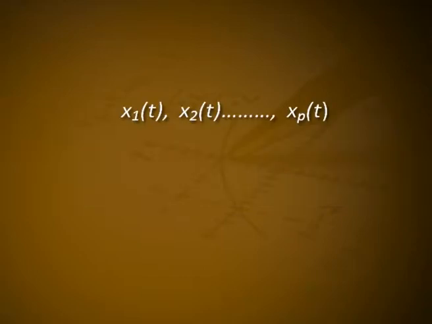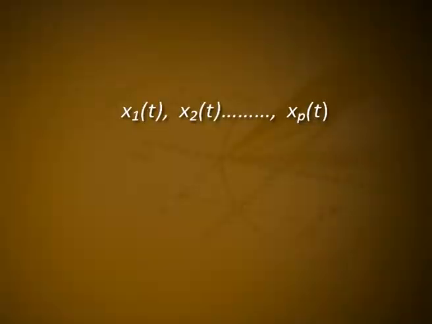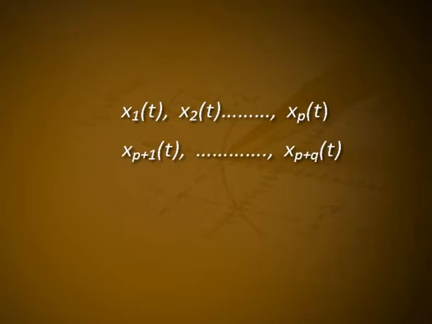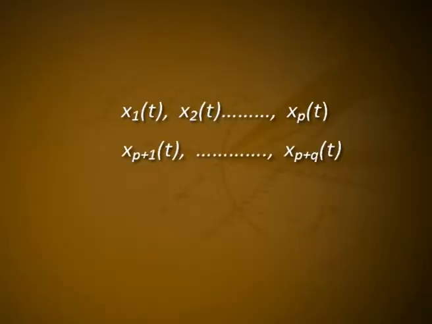Let x1 of t, x2 of t, etc., xp of t be the population of the p pre-reproductive age groups. Let x p plus 1 of t, etc., x p plus q of t be the population of the q reproductive age groups and let x p plus q plus 1 of t, etc., x p plus q plus r of t be the population of the r post reproductive age groups.